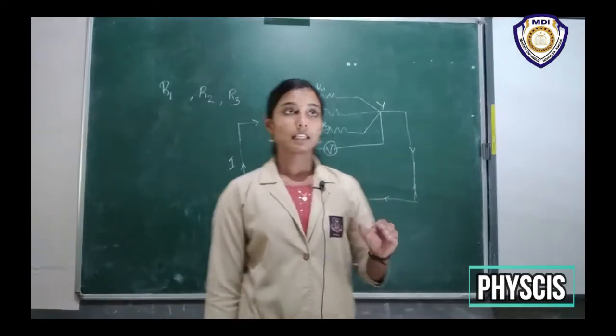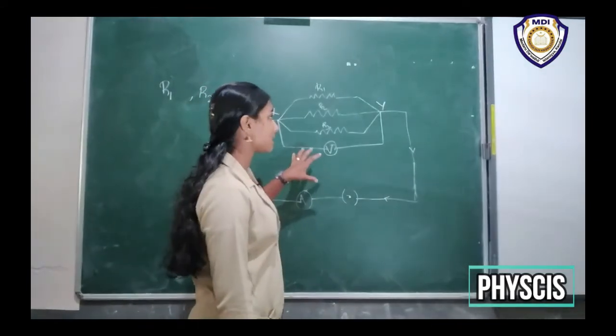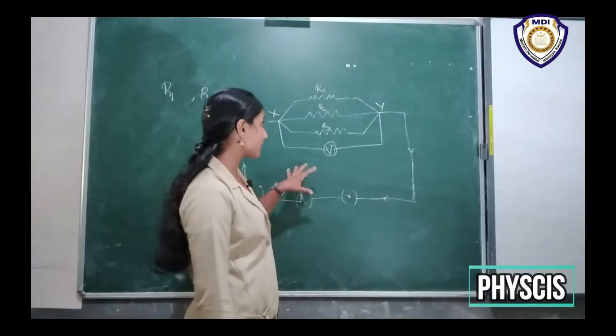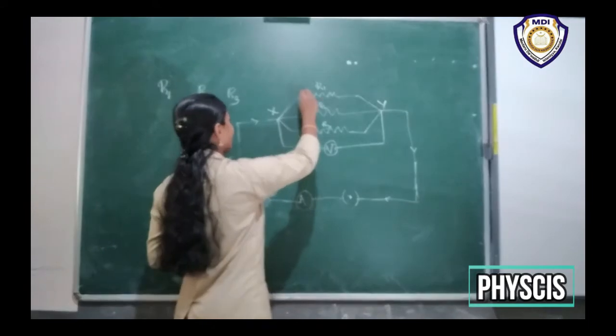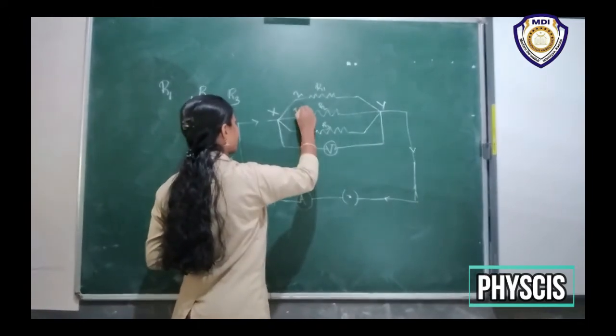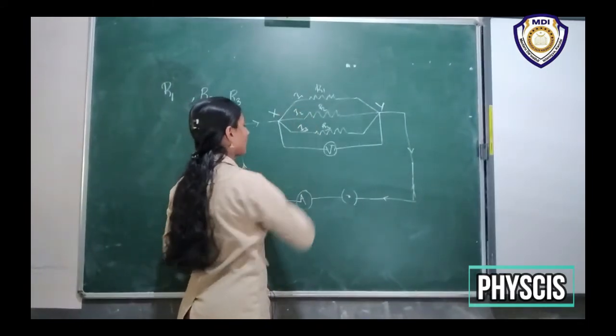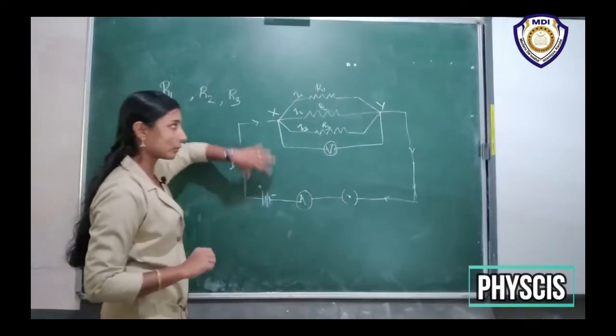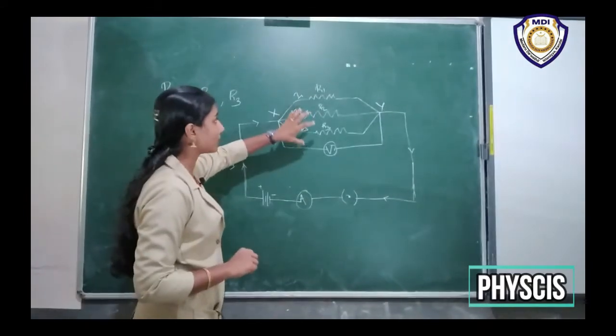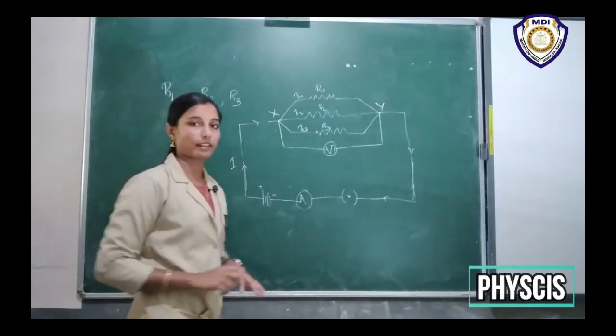But here the resultant current I is divided into I1, I2 and I3. So these currents are different, and the total current flowing through this circuit is the sum of I1, I2 and I3.